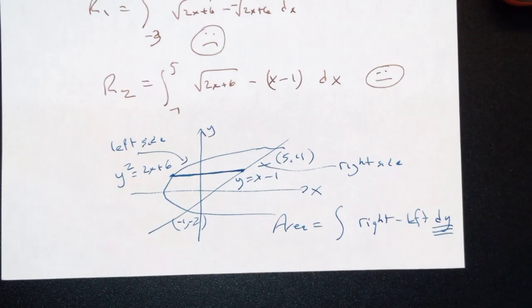Wait a minute, if I'm integrating in y, if this differential is dy, then I want everything in here in terms of y, not x. So the numbers are going to be, instead of the left end and the right end, the bottom y value and the top y value.